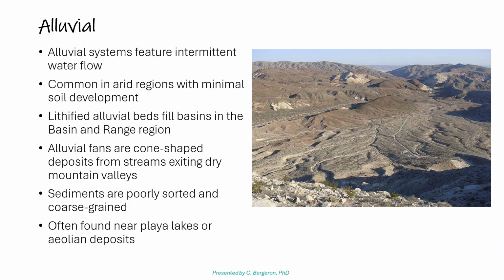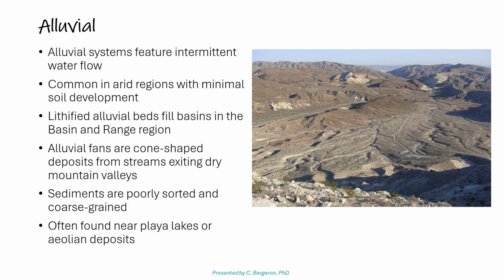These types of deposits are most common in arid places and in places that have very little soil development. But you do see a fan or cone shape of sediment that accumulates. That is similar to deltas. There are certain kinds of deltas.